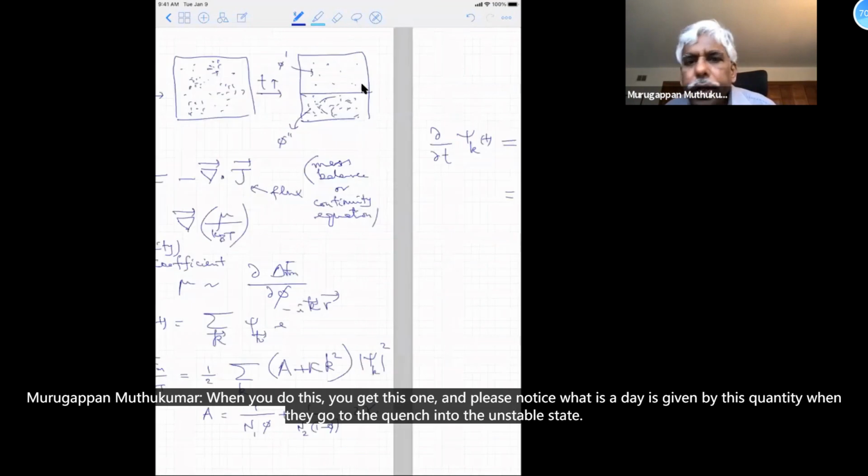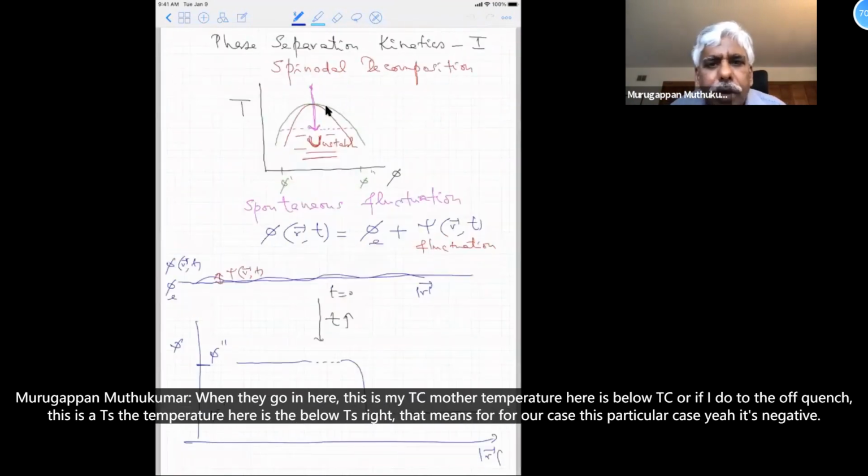When I go to the quench into the unstable state, this is my Tc. But the temperature here is below Tc. Or if I do the off-critical quench, this is Ts. The temperature here is below Ts.